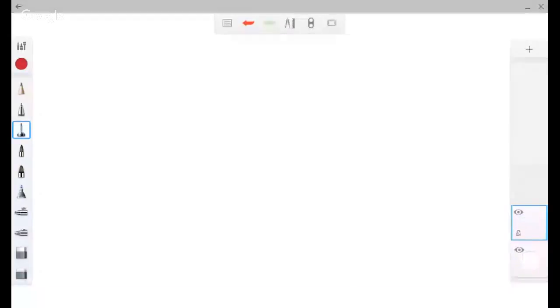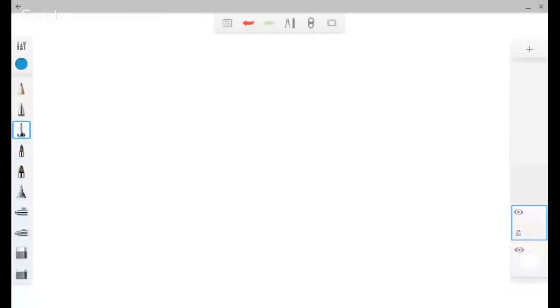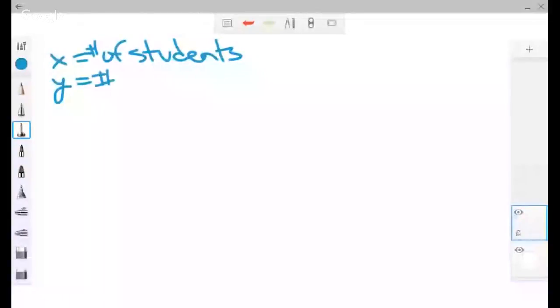So topic 7, it's talking about a local school, and it's going to be a system of equations. So the setup that you want to use here is they tell you that the student tickets are $5 each, and the adult tickets are $10 each. So what you're looking for here is the number of student tickets, or the number of students, and the number of adult tickets, or the number of adults that came, right?